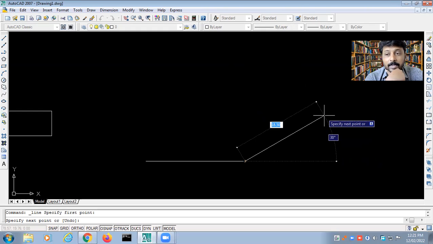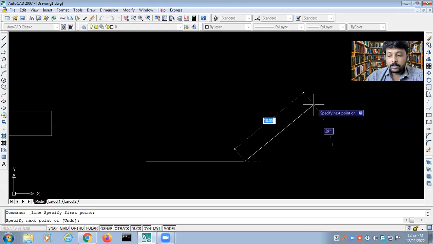In that case, as we discussed in the previous lecture, the angles go from 0 to 90 to 180 to 270, right? So when we take 30 degrees from the left side, this is 90, and 90 minus 30 gives 60, so in total 150 from the right side.